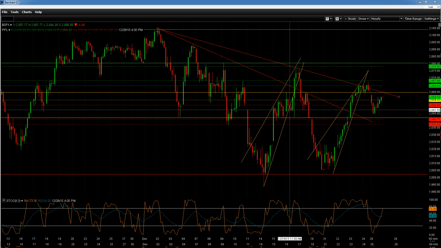In other words, the numbers are not going to change. If the market's going to be down 100, this thing is going to be down 100.